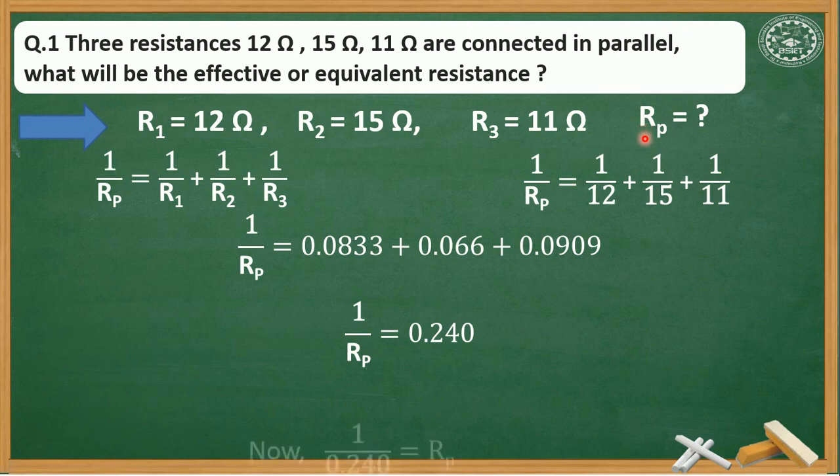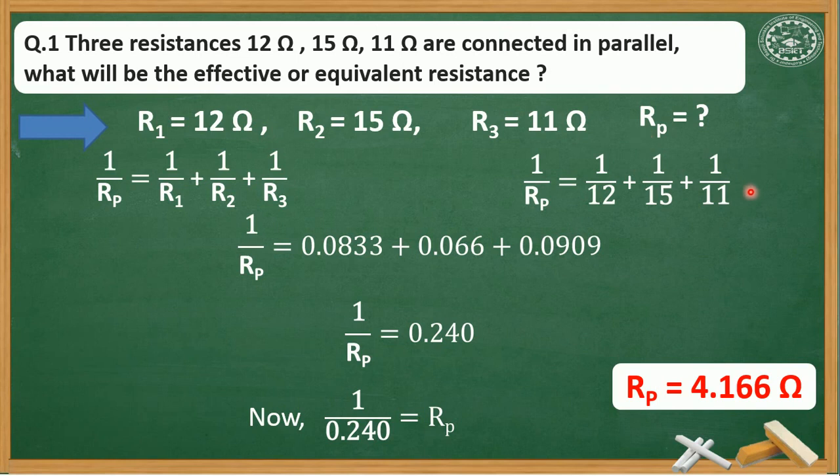So let us take the reciprocal, and we come out with the answer Rp is equal to 4.166 ohm. Okay, very simple numerical. This kind of numerical will be asked in an examination for a maximum of 2 marks.